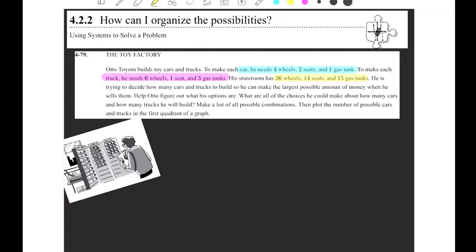So we need to go through and come up with some of our different options, like how many cars and how many trucks can he build? So the first thing they want us to do is label cars and trucks. Let's say that X equals cars. And what do you think Y is going to equal? Trucks.